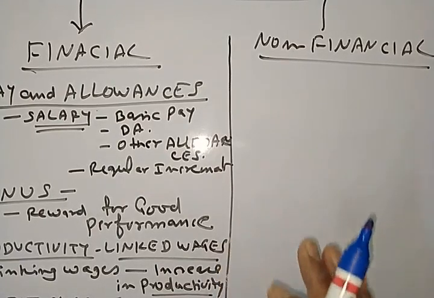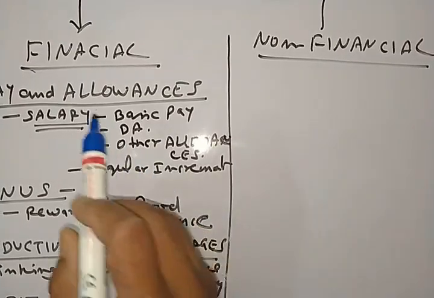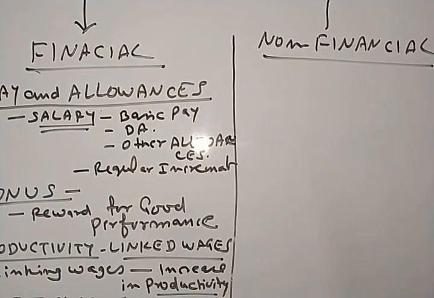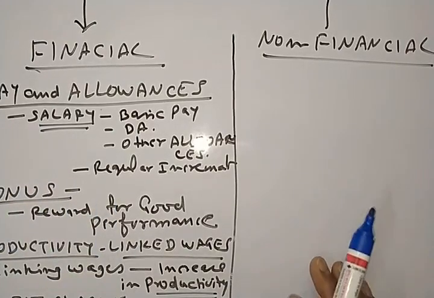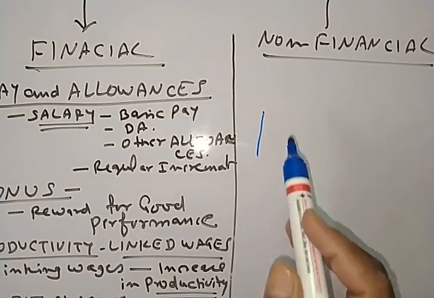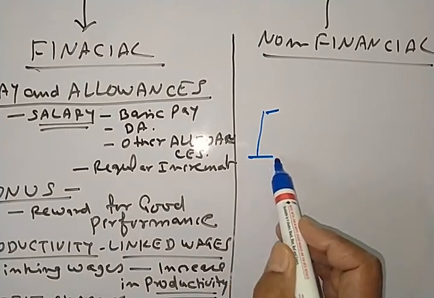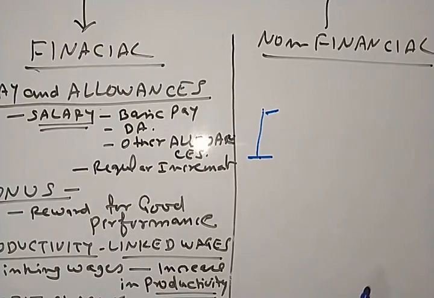When a person is promoted to manager from a lower position, of course his pay and allowances, his salary, are increased. But more than that, that employee feels an elevated level of authority and status. So when he feels his authority rise, that makes him more motivated for work.